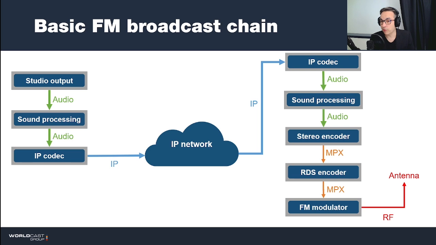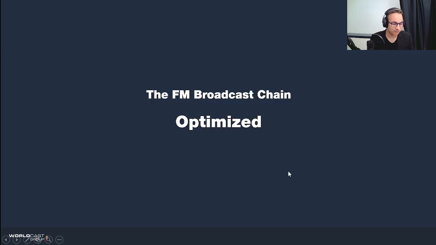It will feed a stereo encoder to build the MPX signal or composite signal. We will add RDS to display the name of the station on the receivers, and we will send this to the FM modulator with one or several amplifiers depending on the power of your transmitter. And this is the signal that we will send to the listeners over RF. Okay, so this is the very basic traditional chain, and we will see how to optimize this in this presentation.